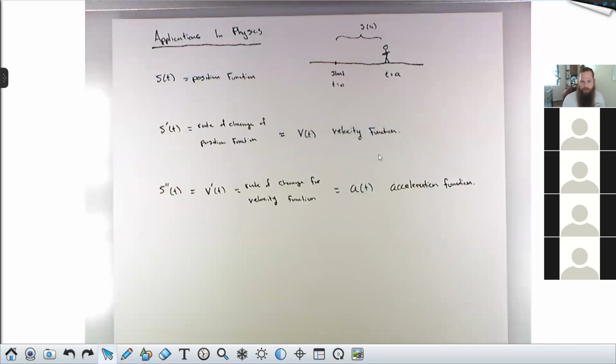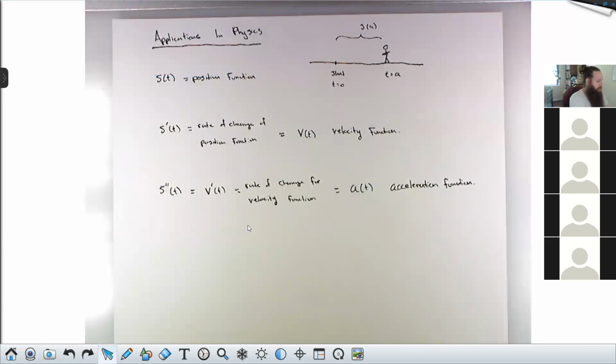That's your velocity. How is your velocity changing? Well, are you speeding up? Are you slowing down? Is your speed constant? Those are all questions about the acceleration. If you're speeding up, your acceleration is positive. If you're slowing down, your acceleration is negative. And if you're staying at a steady speed, your acceleration is 0.